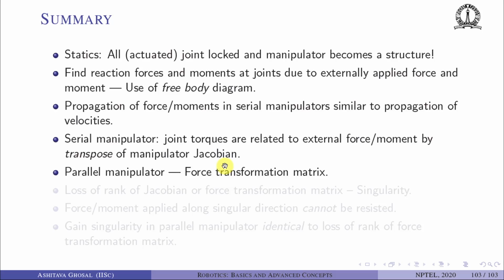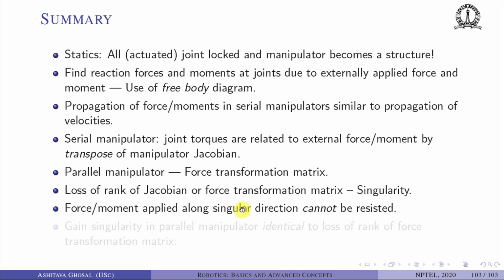For parallel manipulators, we can define something called the force transformation matrix. So the loss of rank of Jacobian or force transformation matrix is this singularity. Okay. So force or moment applied along the singular direction cannot be resisted.